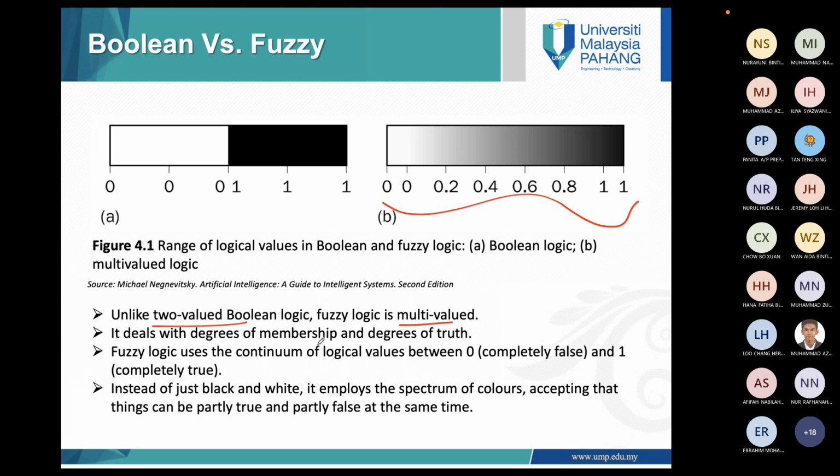It deals with degree of membership and degree of truth. We can talk more about this on the graph later. So fuzzy logic uses a continuum of logical values between 0 and 1. If the number falls close to 0, it can be completely false. If it's close to 1, it can be completely true. So that's the difference between Boolean and fuzzy.